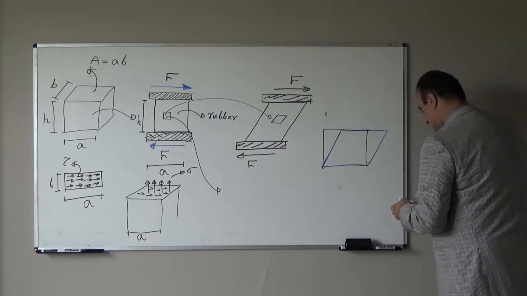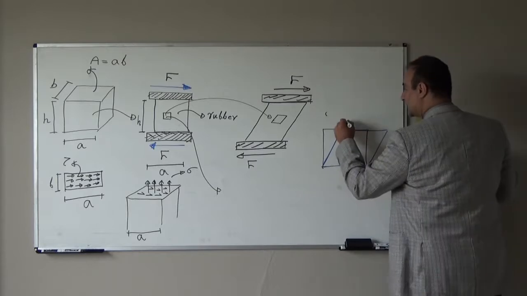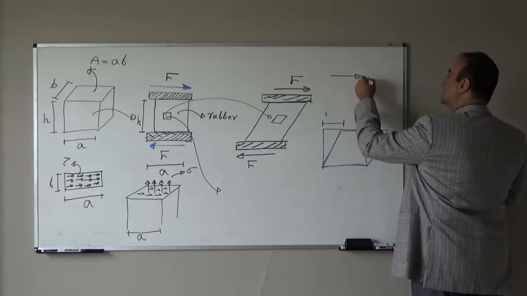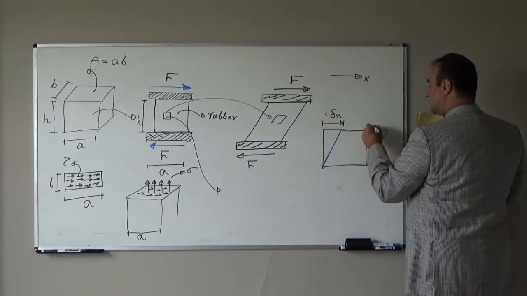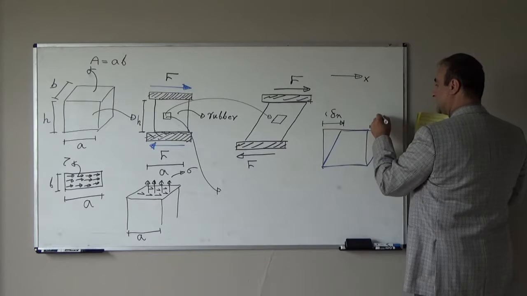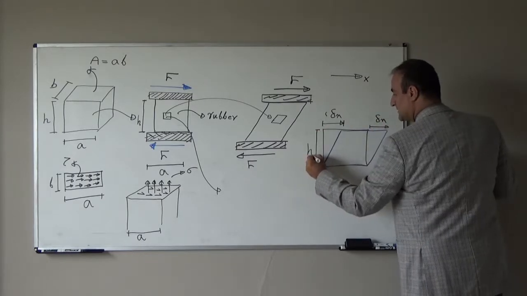So what do we have here? We have this deformation, if this is x direction, I show this deformation delta x, and this will be delta x as well. And the height is h.